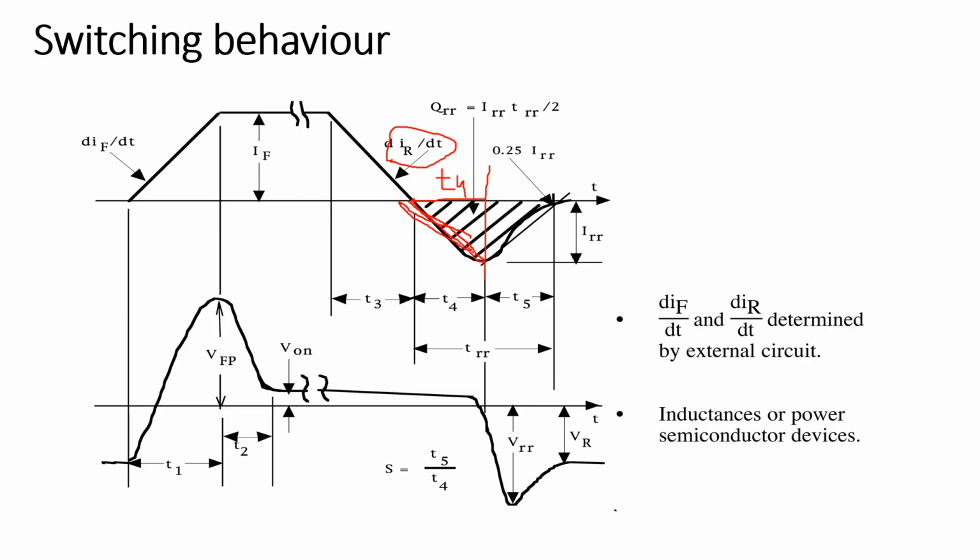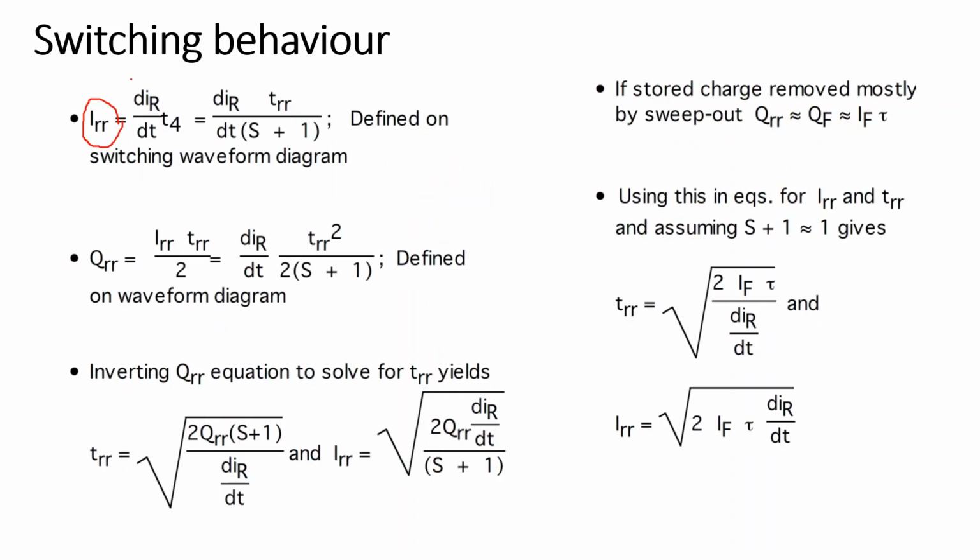This slope can also be calculated as perpendicular divided by base. So IRR divided by T4 is the slope, which is nothing but dIR by dt. So IRR can be written as dIR by dt times T4.